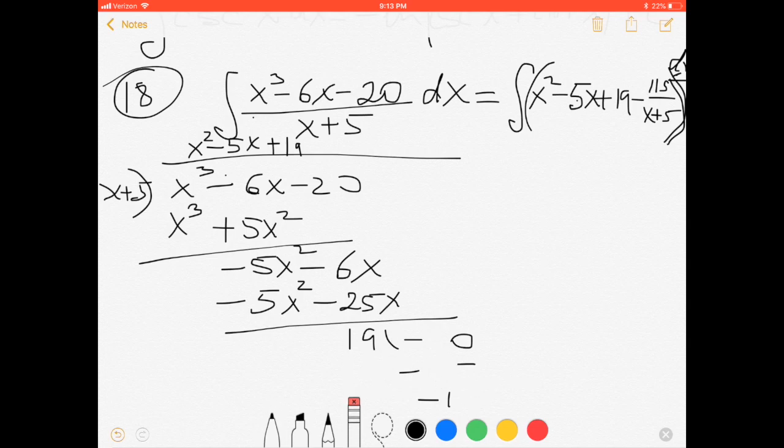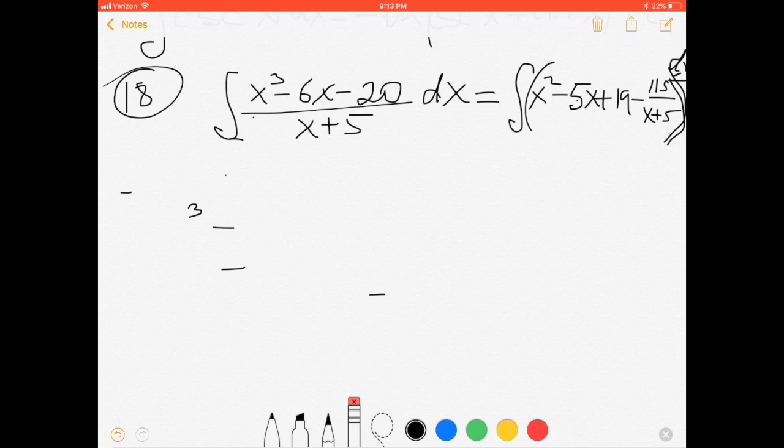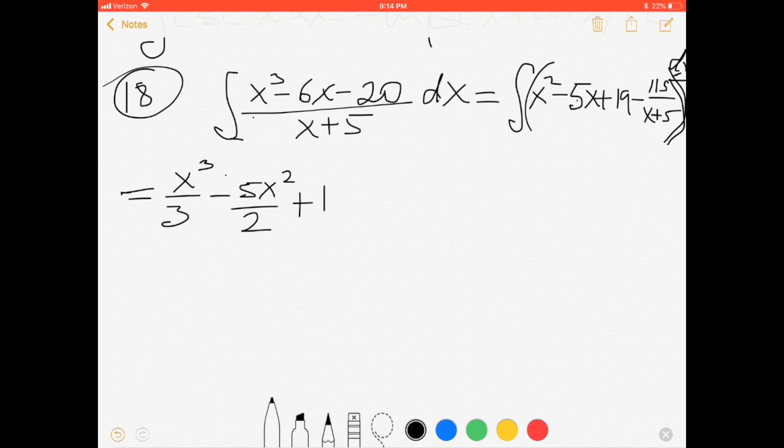Now I clear this part so it's clearer. The result will be x cubed over 3 minus 5x squared over 2 plus 19x minus 115 natural log absolute value of x plus 5, plus c.